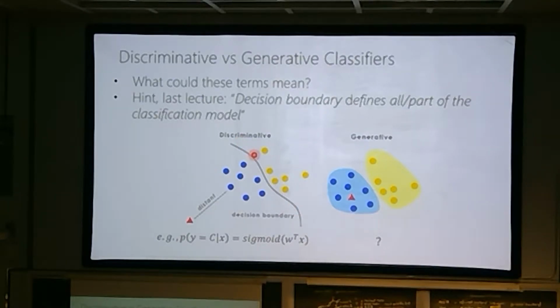Not quite, right? Because we saw we had to fiddle with the math to see that it was a linear decision boundary, but in some sense, you're just saying, you tell me some features, and now you tell me which class I belong to. So you're modeling the probability of y given x, and you're never modeling the probability distribution of x. That never appears. It's always a conditional probability estimation of y conditioned on x.